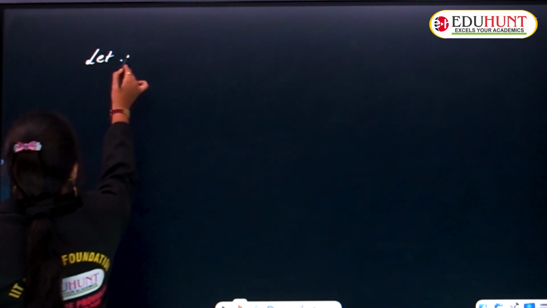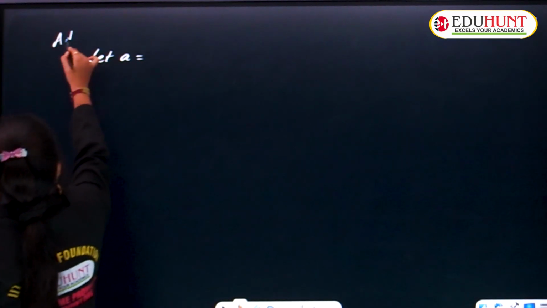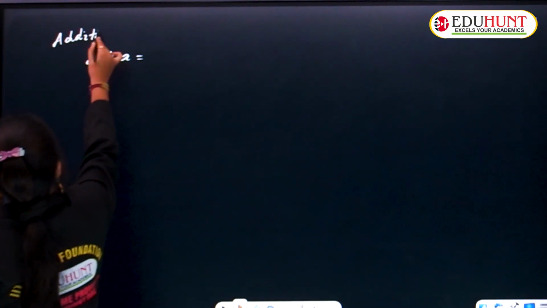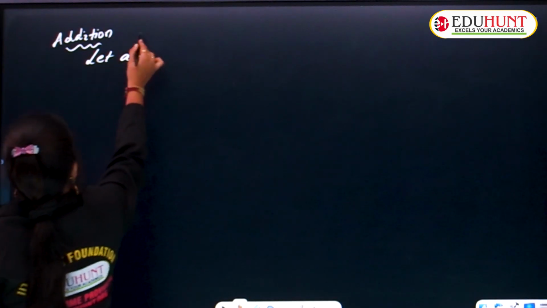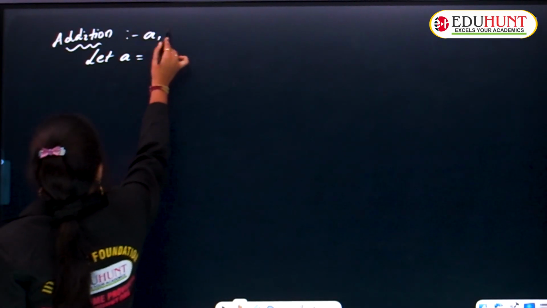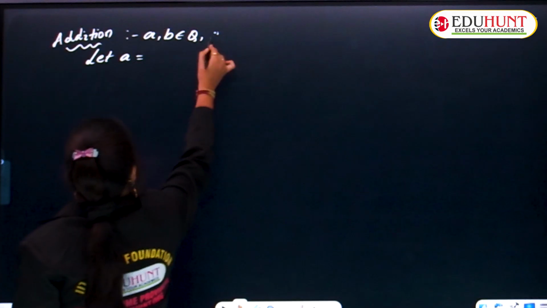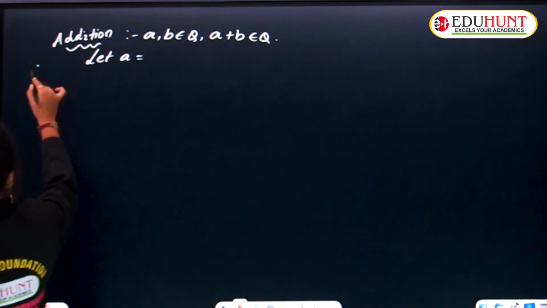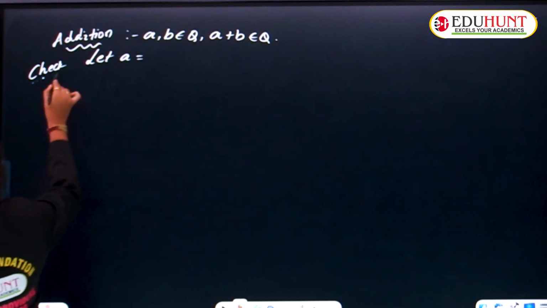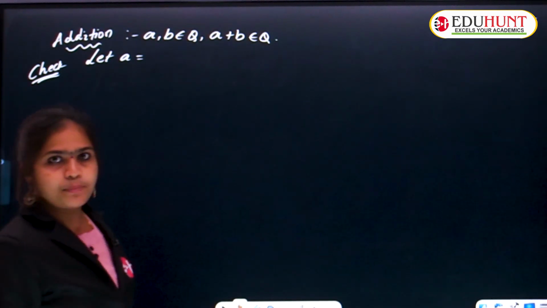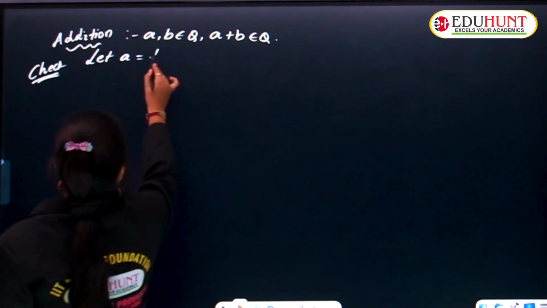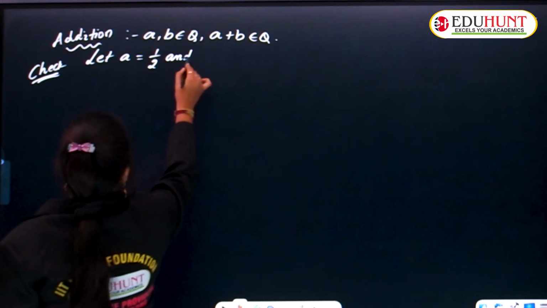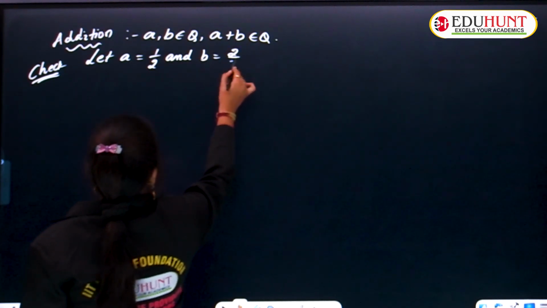One example, under addition. What is the condition? A, B belong to rational numbers, then A plus B belongs to rational numbers. Here we just have to check yes or no by taking an example. Let A is equal to 1 by 2 and B is equal to 2 by 3.